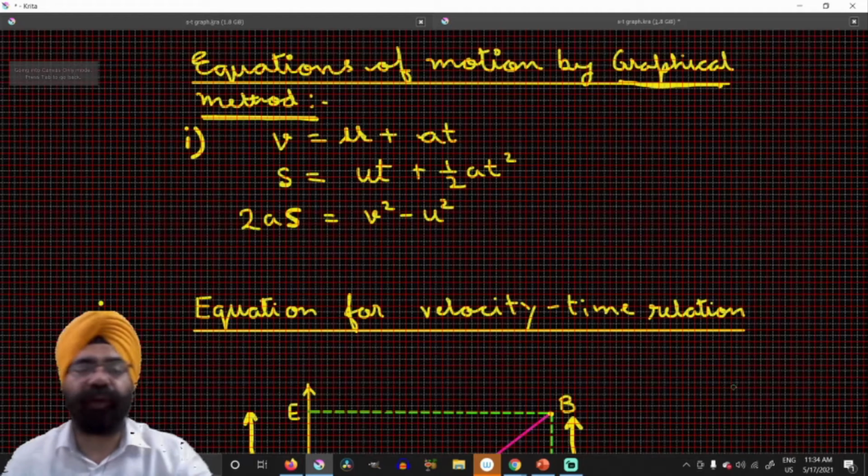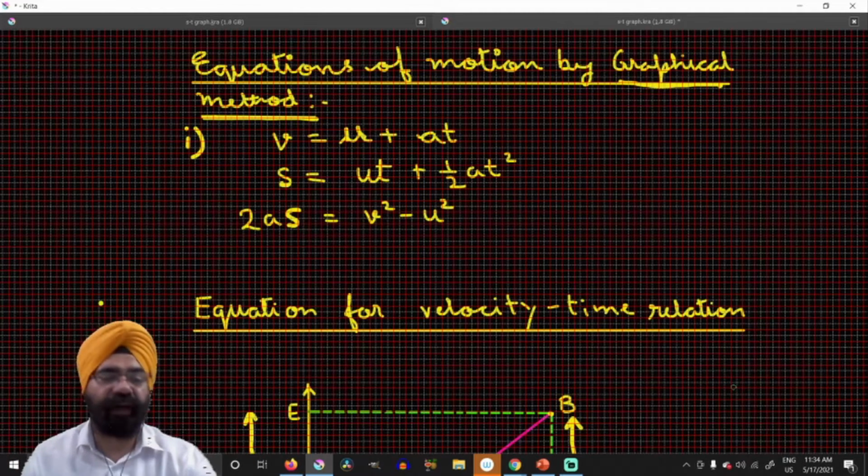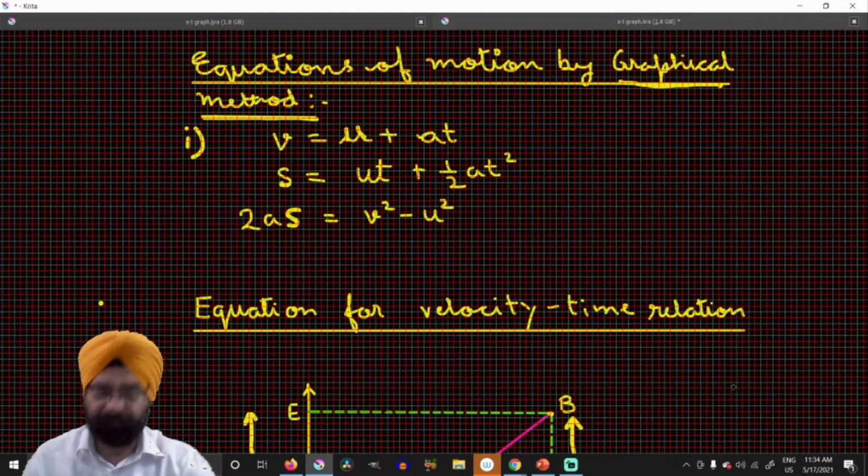Okay, so today we are going to study the equations of motion and the graphical method of deriving them.